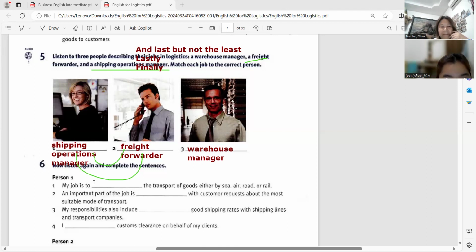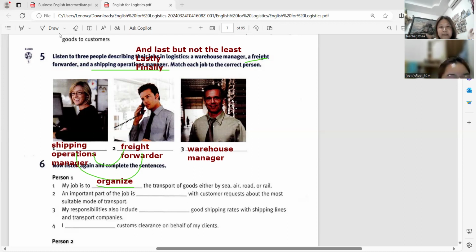My job is to organize the transport of goods either by sea, air, road, or rail. So she is the one in charge of organizing what kind of transport you are going to use, right?